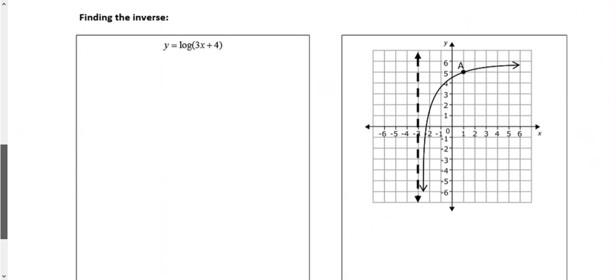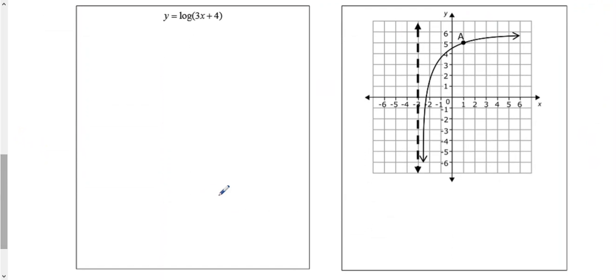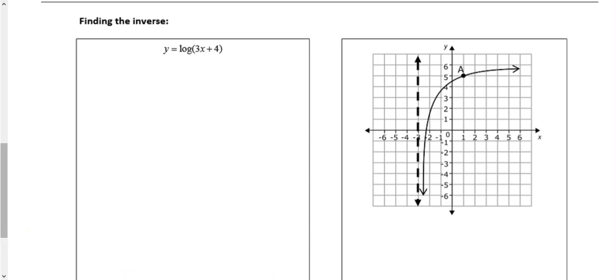Now the inverses, they get a little tricky. So the first step you want to remember about an inverse, and we talked about this in Unit 1, is we want to switch x and y. And then our second step is we want to solve for y.